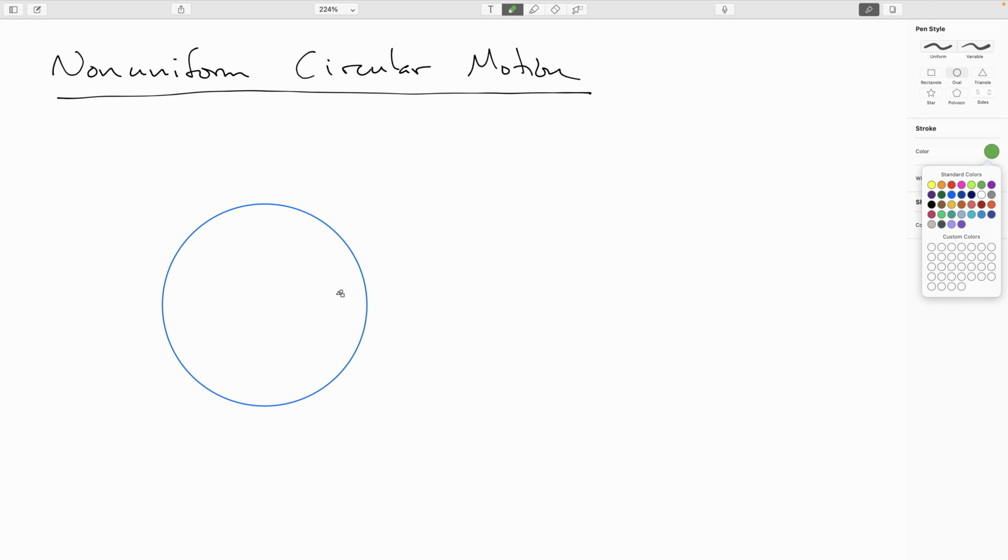So let's say that we've got an object going around a circle. So here is our velocity pointing tangential. Let's say we're speeding up.